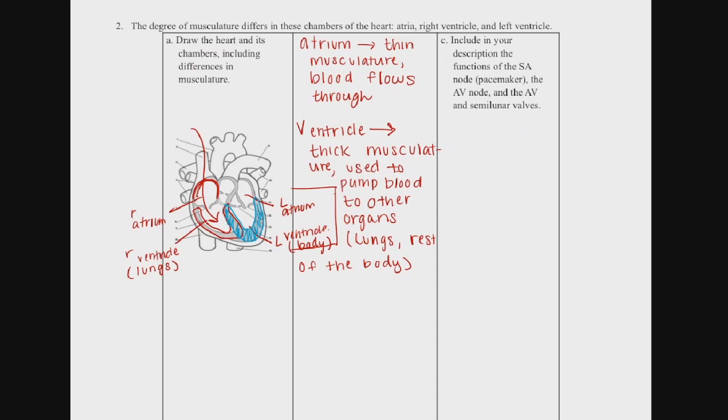The left ventricle has to push to a greater distance. Lungs to the heart is shorter than all the way from our heart to our hands or to the bottom of our feet to our toes. That's a much greater distance. We're going to need more force and more oomph to push that blood everywhere, and that explains why the left ventricle is a little bit bigger than the right.